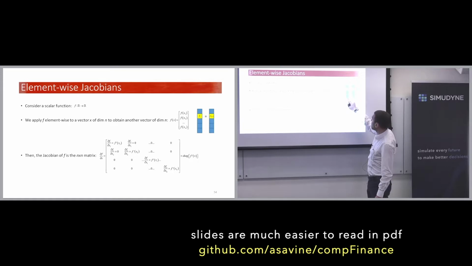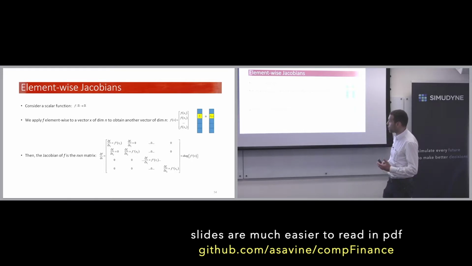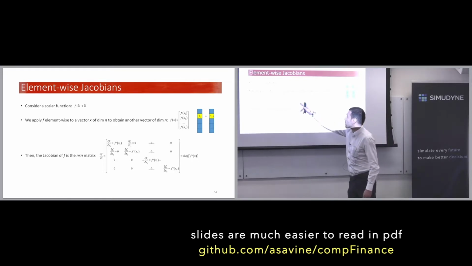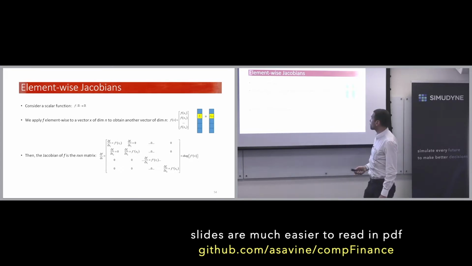So the gradient of this fi is f prime in position i and 0 everywhere else. So the Jacobian is a diagonal matrix whose diagonal elements are simply equal to the scalar derivative of f taken in xi, right? Which we denote as diag f prime of x.